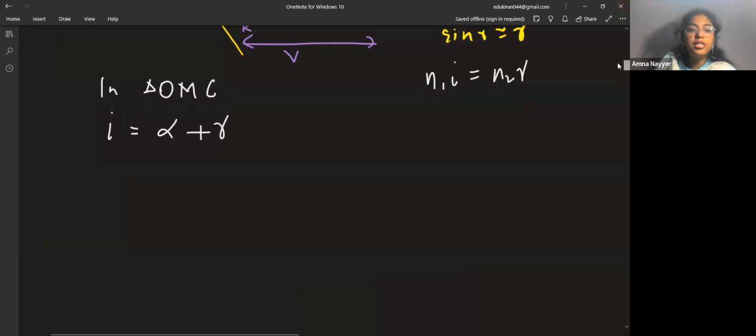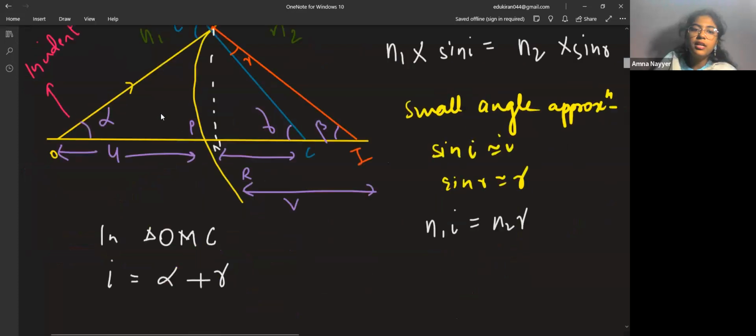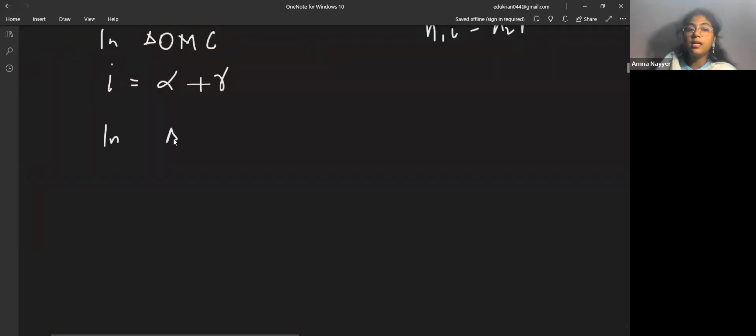Similarly, in this small triangle MCI, R plus beta is equal to gamma. These are the opposite angles and this is the exterior angle for triangle MCI. This derivation is very important, class.